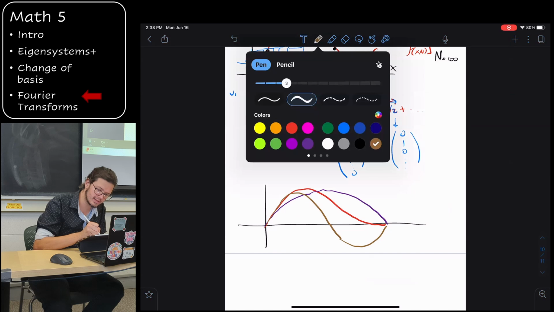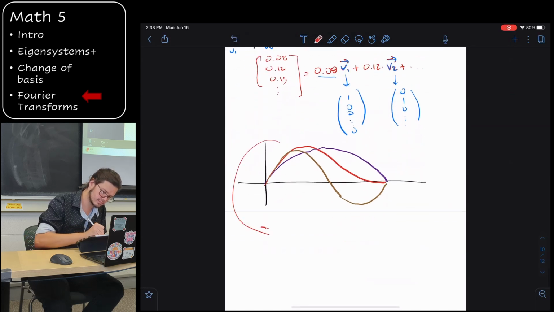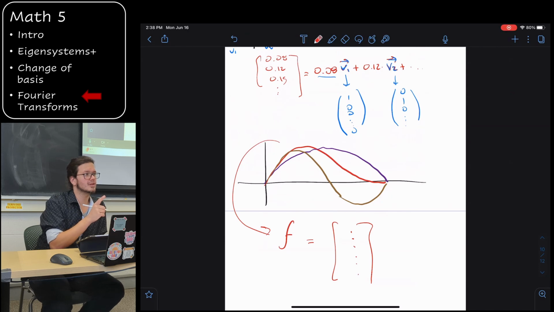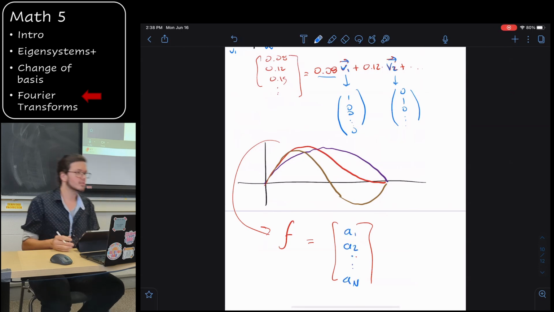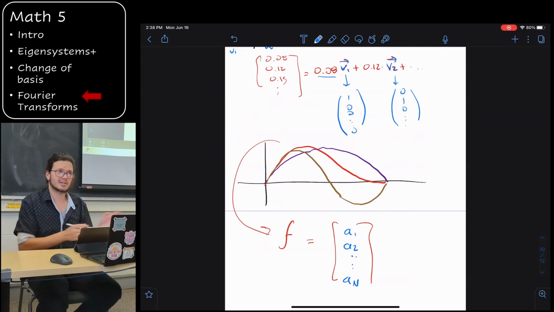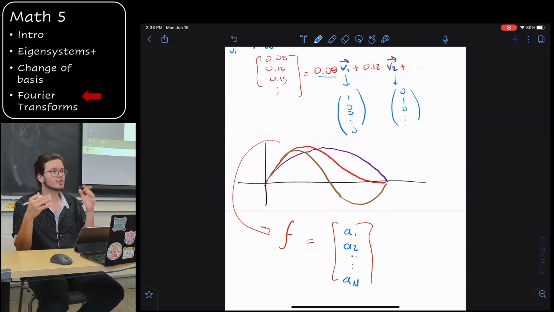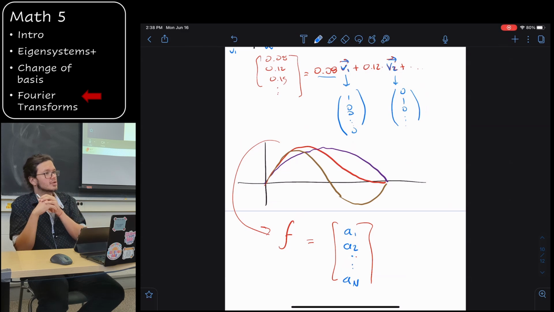So you could write your function f as a set of numbers, but these numbers are not the numbers from before. In the notation that we were using before, they will be a1, a2, dot, dot, dot, an, where these are the Fourier coefficients. These are the coefficients of those waves that you're using to represent these things. Everybody follows me so far?